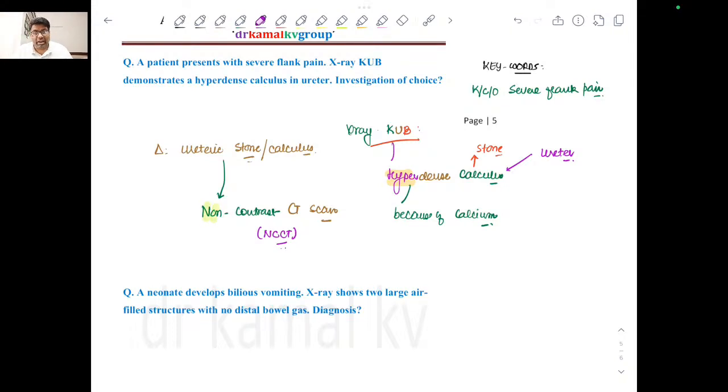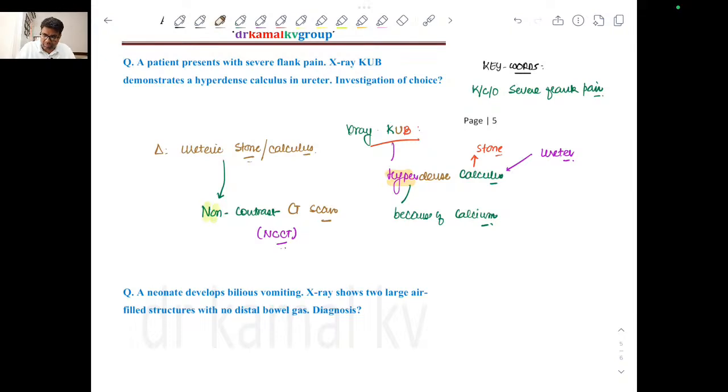Because contrast is white in color, and the stone is also white in color. So if you give a contrast, the impression of the stone will be masked in the shadow of the contrast. So never give contrast if you are trying to figure out the stones in KUB region. Okay. So non-contrast, especially for ureteric calculus, we go for non-contrast.